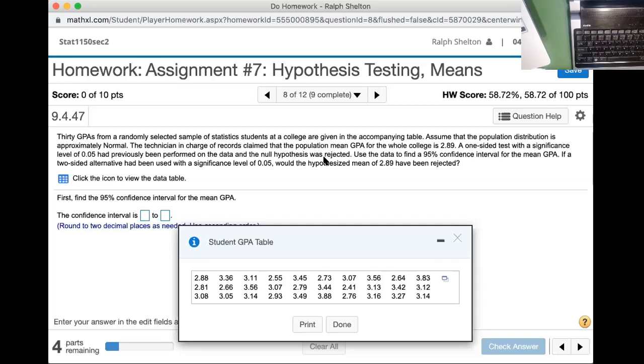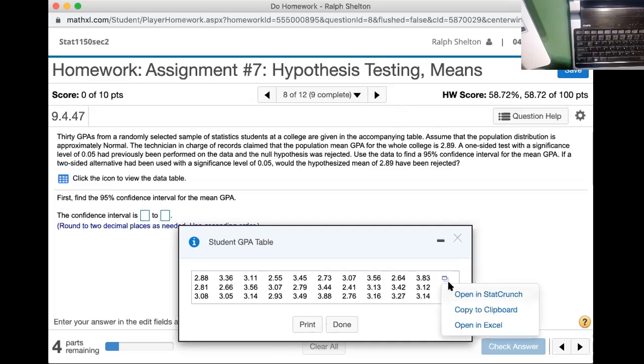Now it says use the data to find a 95% confidence interval for the mean GPA. Let's do that. It says use the data and calculate a 95% confidence interval. So we want to put this data into StatCrunch.